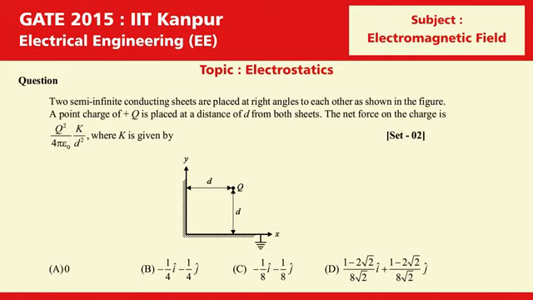The net force on the charge is q square upon 4 pi epsilon naught times k upon d square, where k is given by: option A 0, option B minus 1 by 4 i cap minus 1 by 4 j cap, option C minus 1 by 8 i cap minus 1 by 8 j cap, and option D 1 minus 2 root 2 upon 8 root 2 i cap plus 1 minus 2 root 2 upon 8 root 2 j cap.